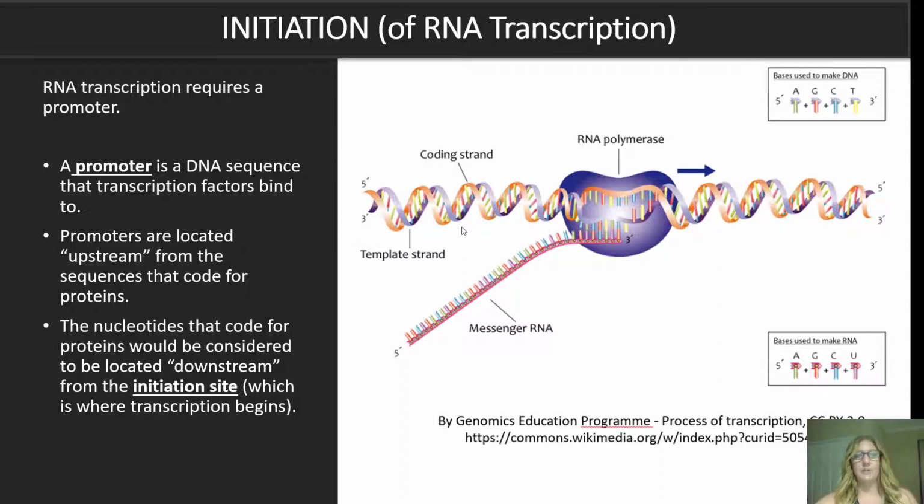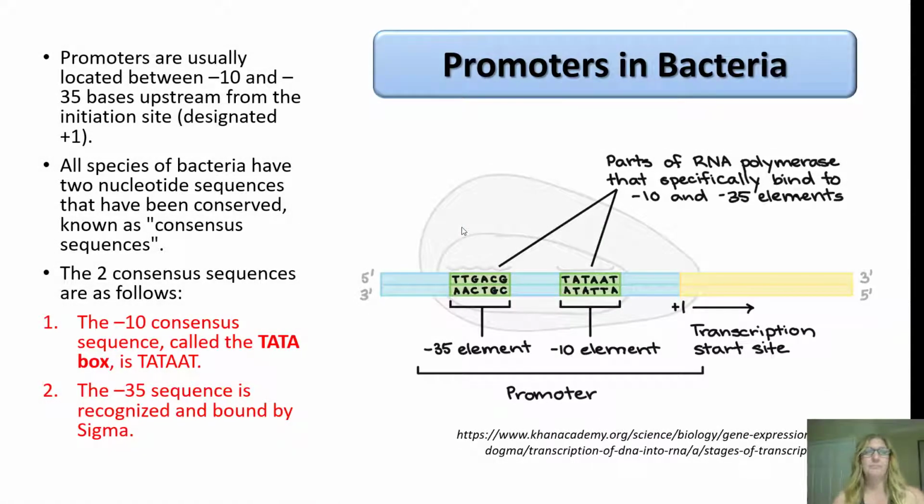Promoters are going to be located what they call upstream from the portion of the nucleic acid sequence that is going to code for the protein. The nucleotides that code for proteins would be considered downstream from the initiation site, which is where transcription will actually begin.